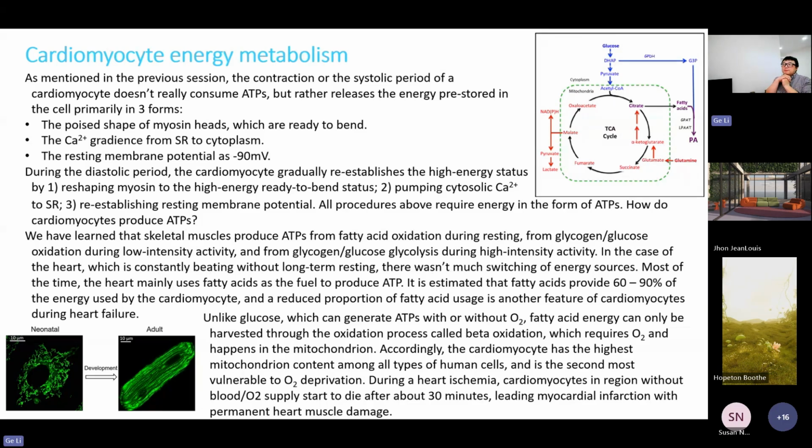The primary fuel for the cardiomyocytes is fatty acids, and it utilizes a larger proportion of aerobic respiration. I hope you still remember what aerobic respiration is. Aerobic respiration is when you utilize oxygen to acquire the maximum level of ATPs from glucose.